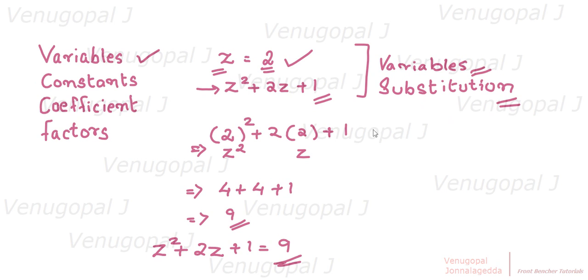Every student has problems understanding variables, so just get these terms right. This fundamental need for variables comes in all fields of mathematics. It will be used in computers. If you're doing programming, you need variables and you substitute.